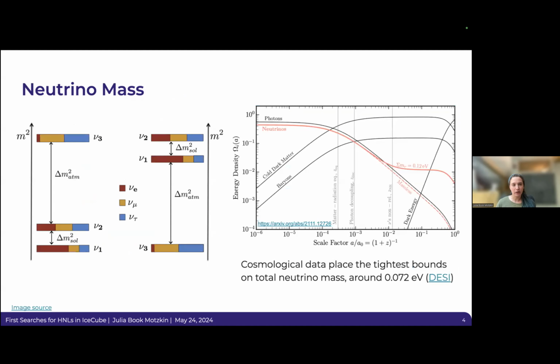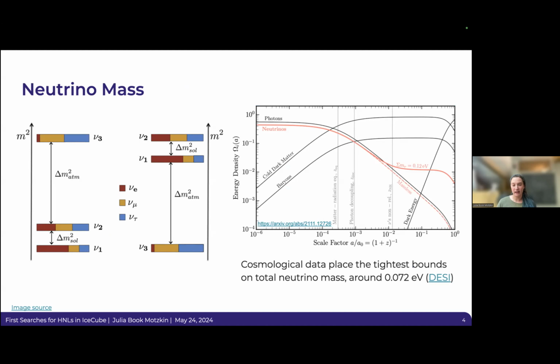And this is mostly good news, unless you had thought the standard model of particle physics was complete, because the standard model doesn't include neutrino mass. And neutrino oscillation, because it depends on the difference between the mass squared states, obviously implies that neutrinos have mass. On top of that, the neutrino mass is restricted to be much, much lighter than the mass of any other standard model particle.